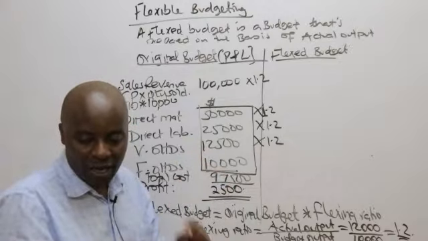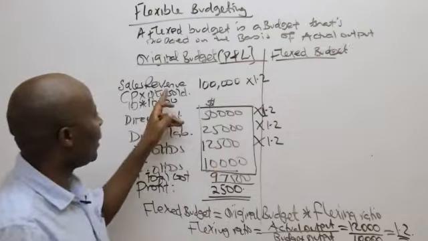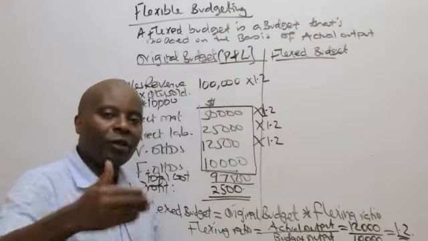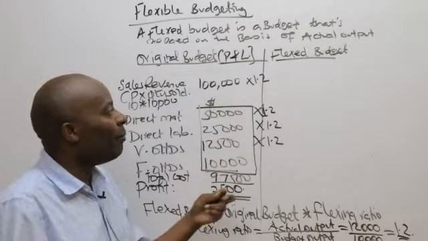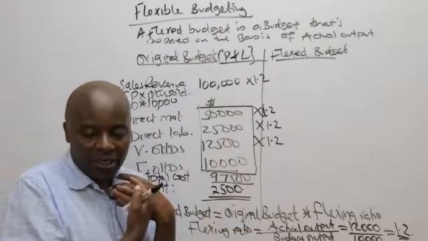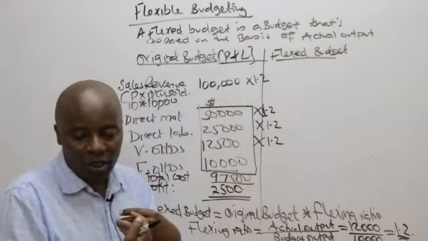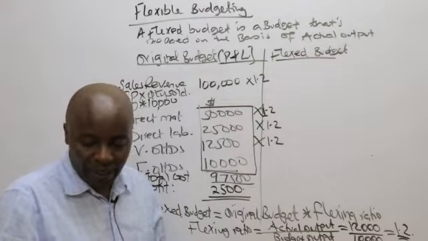We only flex variable items, like sales. Sales revenue is a variable item because the more the units we sell, the more we will realize as sales. So sales revenue is dependent on the number of units that we sell.